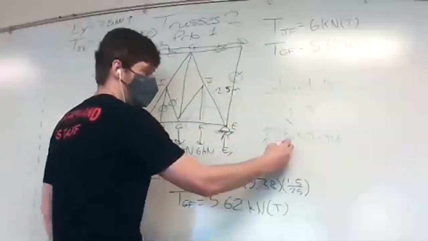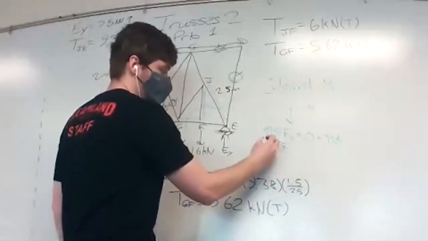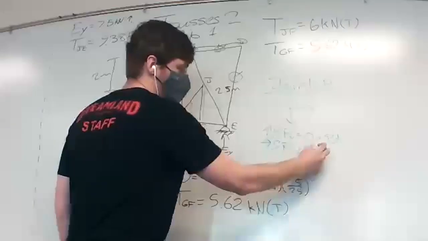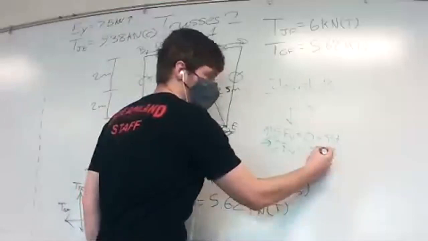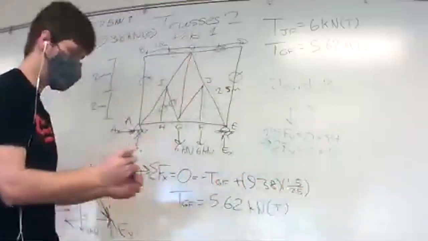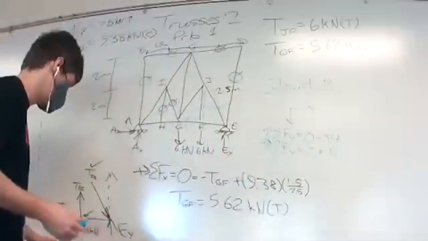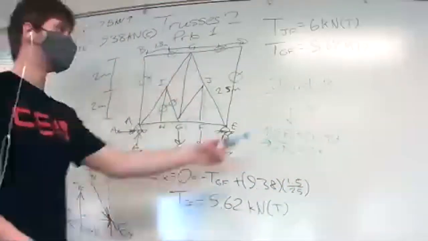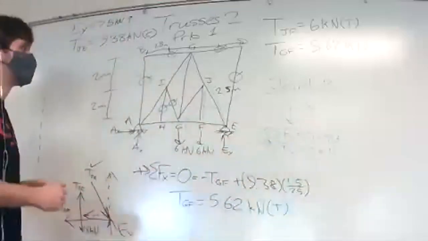You can do the same thing. Sum of the forces in the x direction equals 0, equal to BC. And so that's how you would prove that they're equal to 0. However, the goal is that you don't need to go joint by joint to say that these are equal to 0.